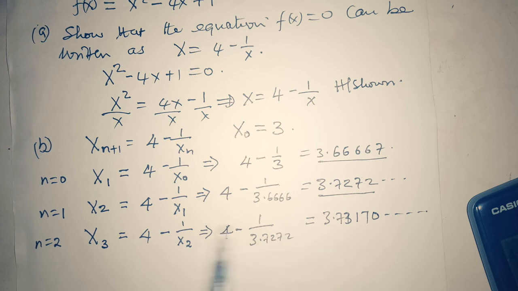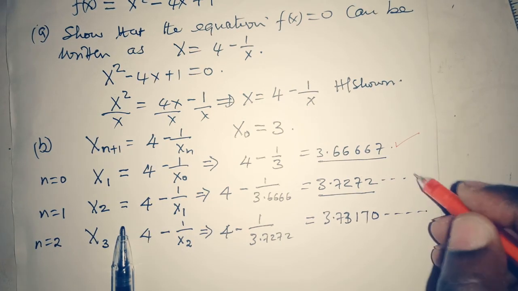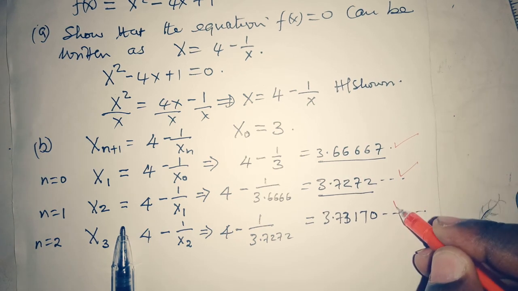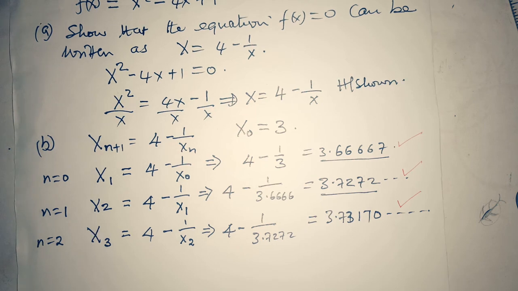And sure enough, we have found our x1, x2, and x3. And that is exactly what you've been able to do. Please remember, for us to get the next value of a root or x, we have to use the previous value of x. All right?